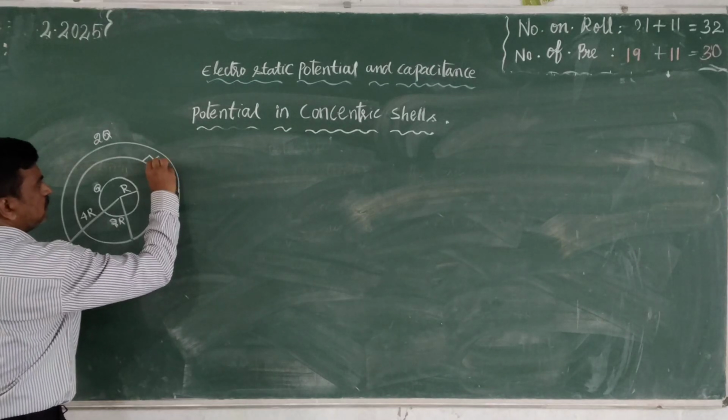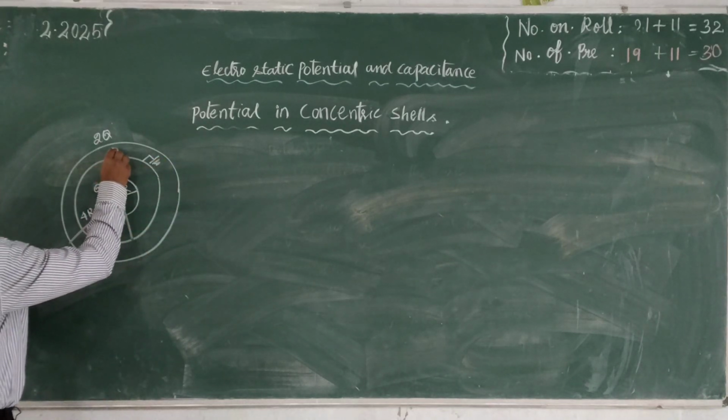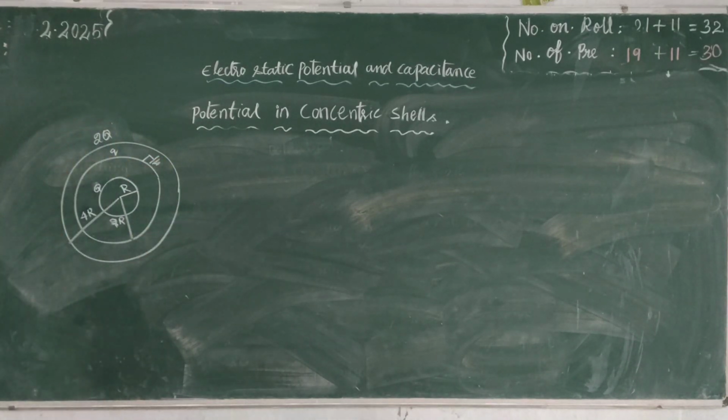We don't know the charge on this one, so we consider q charge on that one, and we can find that q.